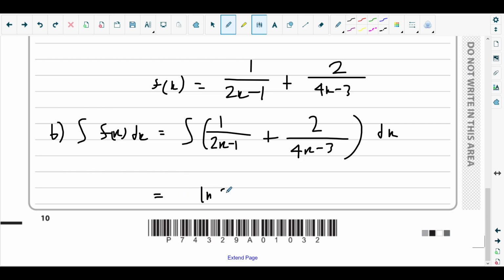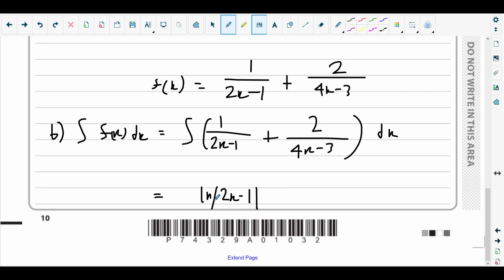So ln of twice of x minus 1 modulus, since logarithm can't have a negative domain, so we need a modulus. Now what we need to do is reverse chain rule, that is the reverse of the chain rule. In chain rule we differentiate the part within the bracket and then multiply it with the coefficient. In the reverse chain rule, we differentiate the part within the bracket, but then we use it to divide the coefficient.